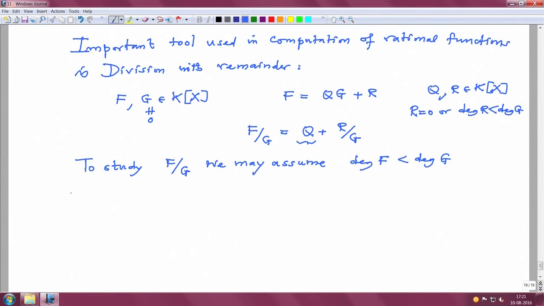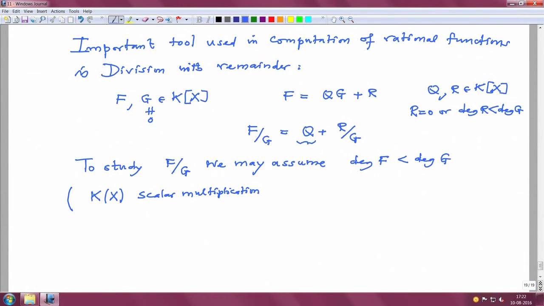I forgot to mention that these rational functions also have a scalar multiplication by k. Again the ring structure and this scalar multiplication are compatible, because we have checked that in the polynomial case, and the same checking will show that this is compatible with the ring structure of the field of rational functions.